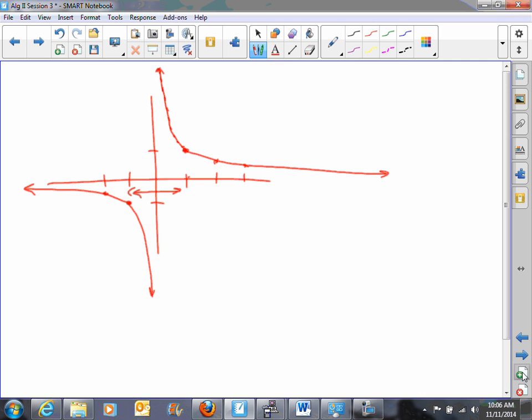In other words, it's not going to actually touch the y-axis, but it's going to get closer and closer. We call this asymptotic behavior. In other words, the y-axis is an asymptote, A-S-Y-M-P-T-O-T-E. This is a line that the graph gets closer and closer to, but never touches.